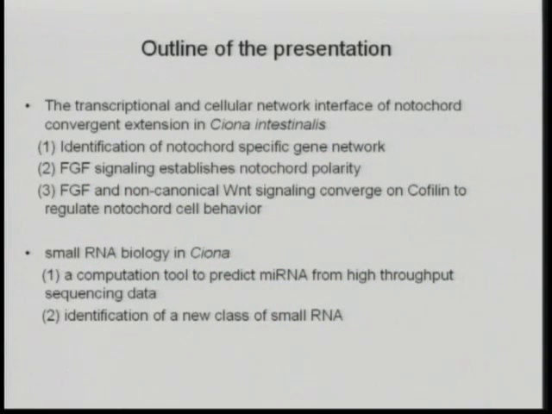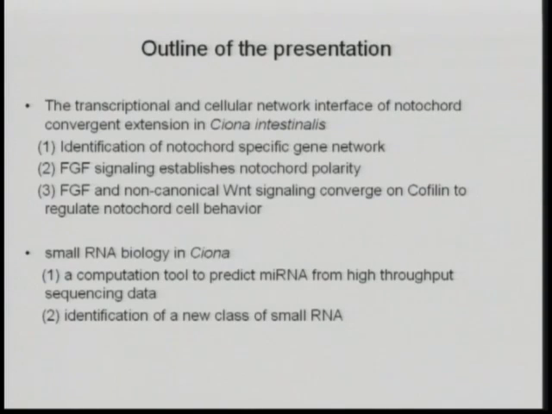In the next 45 minutes, I will tell you about two parts of my research. In the first part, I will tell you about my study on a specific cell behavior, the convergent extension of the Ciona notochord. First, I will tell you about a whole genome approach trying to identify the transcriptional regulators of the converging notochord and the identification of candidates for the process.